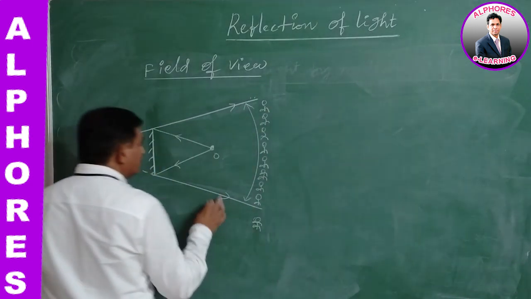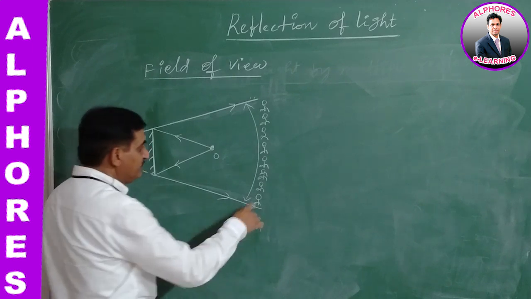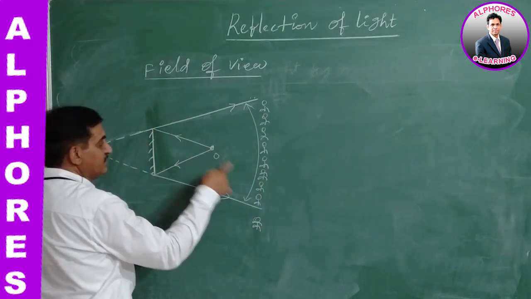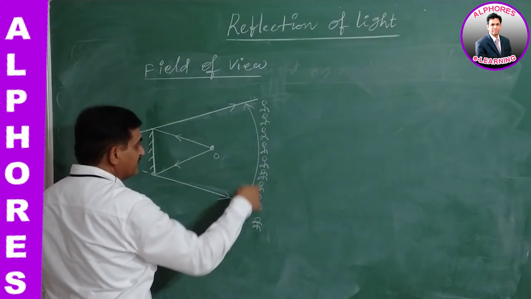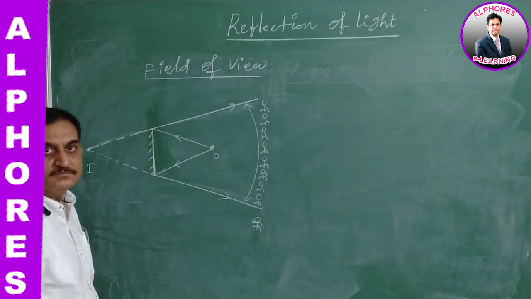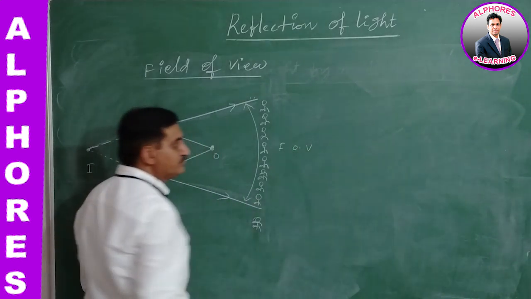The same thing here. This is diverging light. The boundaries are the limits within which the observer can be. He can see the image of this object anywhere in between these two boundary lines. So this is known as field of view.